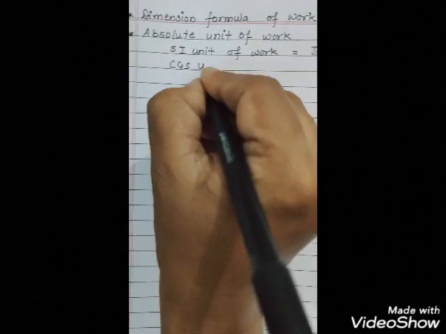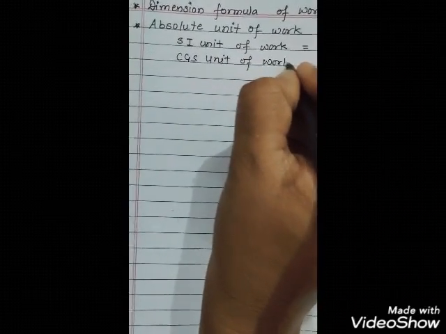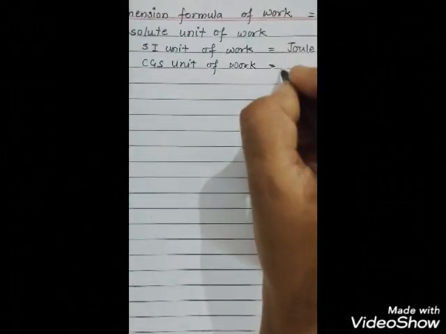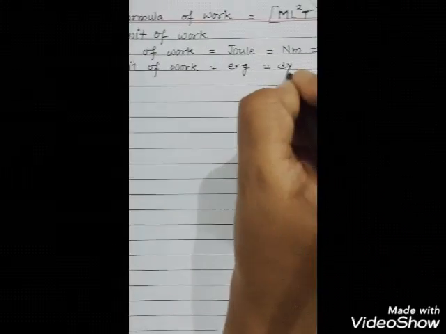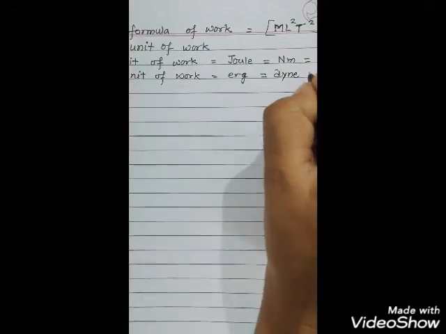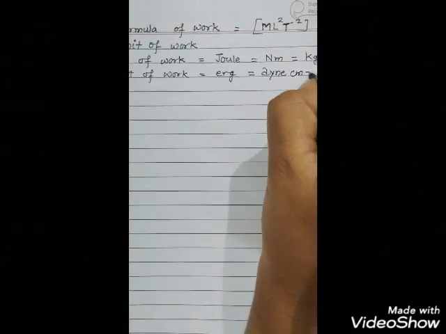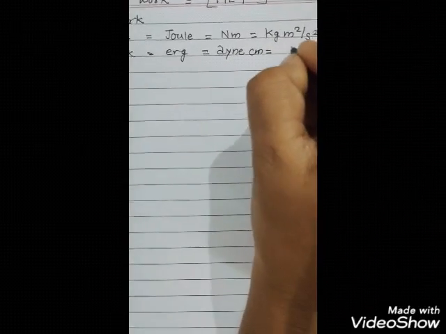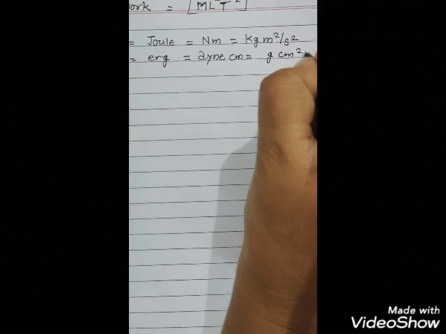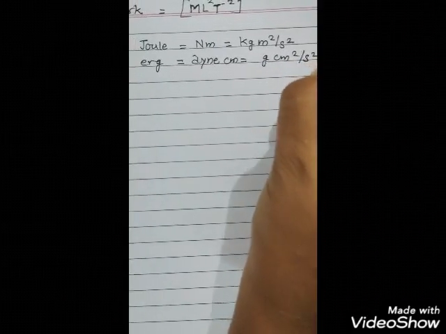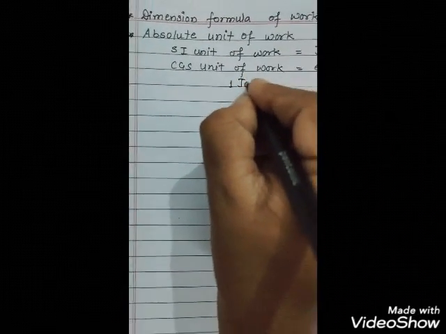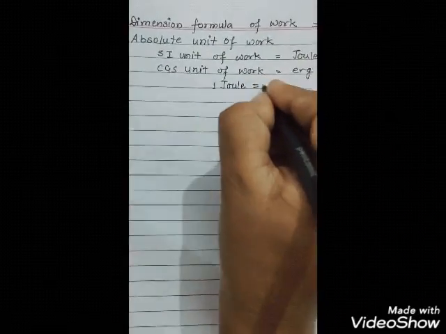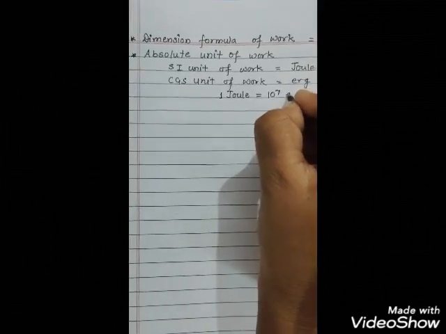The CGS unit of work is the erg, which is equal to dyne centimeter, equal to gram centimeter square per second square. We know that 1 joule is equal to 10 to the power 7 erg.